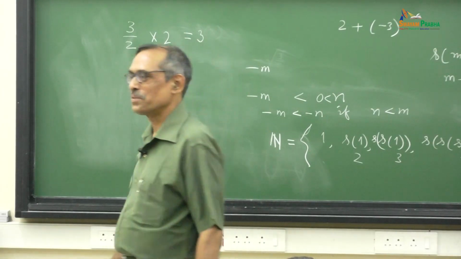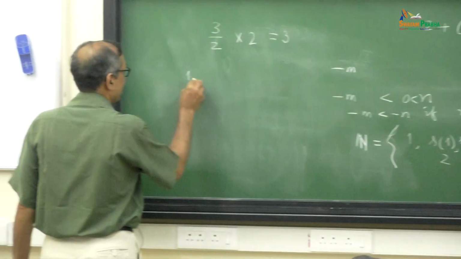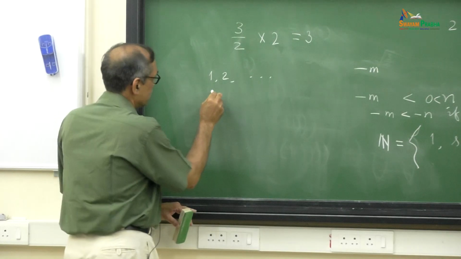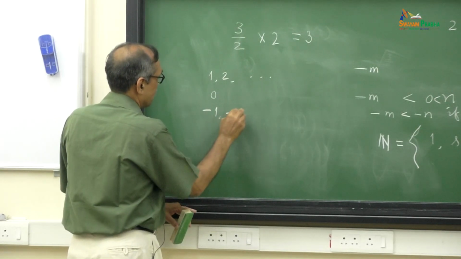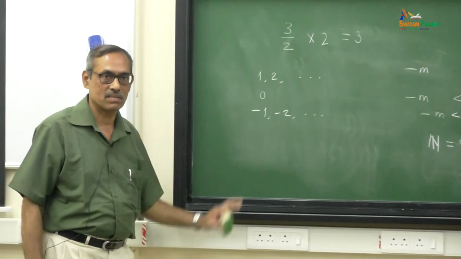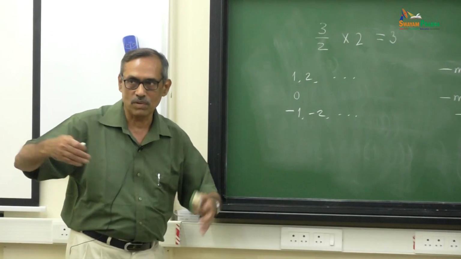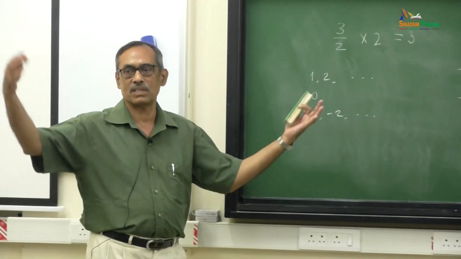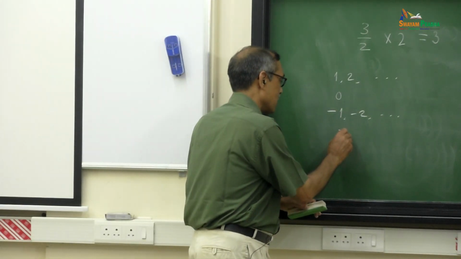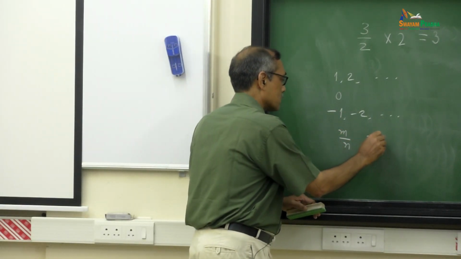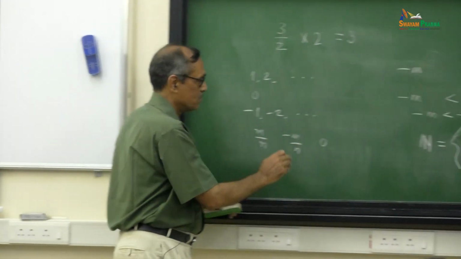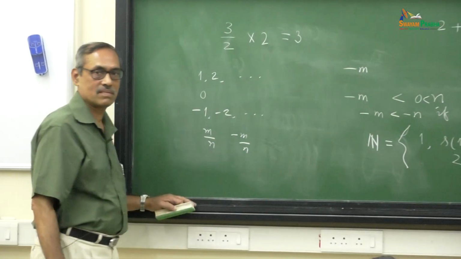So we have in N these symbols. These symbols were there, right? Now what we did: we put these symbols along with those, some more symbols. Those are again symbols, nothing more. We are putting some more symbols to it, enlarging our set, right? So what kind of symbols will we put? We will put this kind of symbols, m by n. Zero is already there, so m can be 0 also, right?